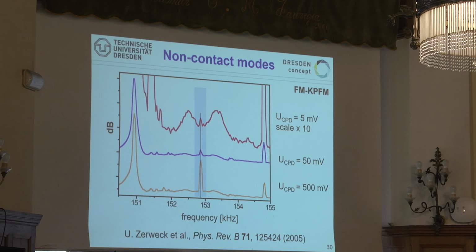Imagine you do that on a material like, for instance, molybdenum disulfide, or you go for silicon, and you have transitions, meaning gaps of 0.7 volts or so, and if you apply a voltage of 500 millivolts, twice that is 1 electron volt. You easily induce additional transitions of your electrons. You don't want to have that. You want to measure what is there. So, in fact, this FM mode can even go down, as you see, to a 5 millivolt oscillation amplitude and still do a very good job.